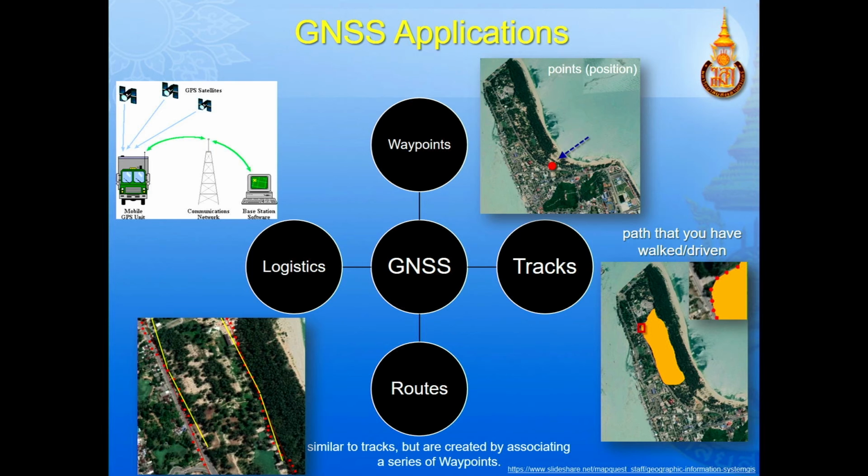You bring the GPS with you, go there, collect the data and record the point. They will give you the latitude and longitude of that location. Then you go to the second school, and the GPS shows the latitude and longitude for school number 2, like that.